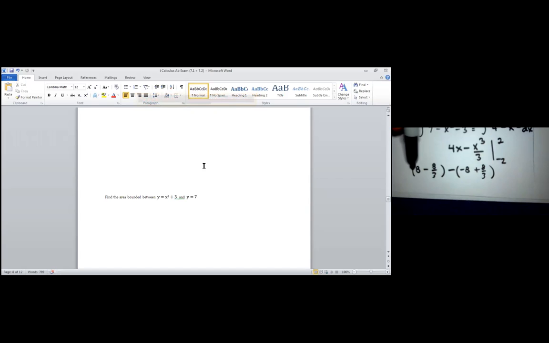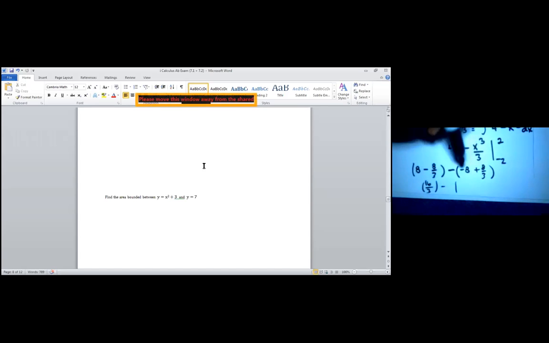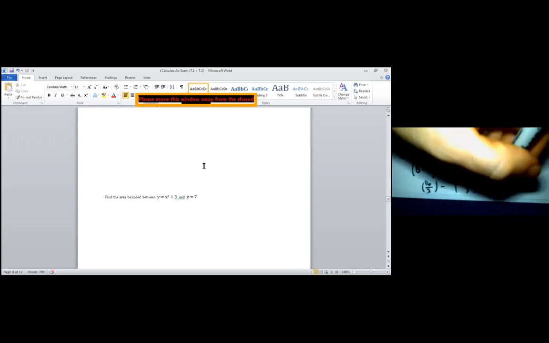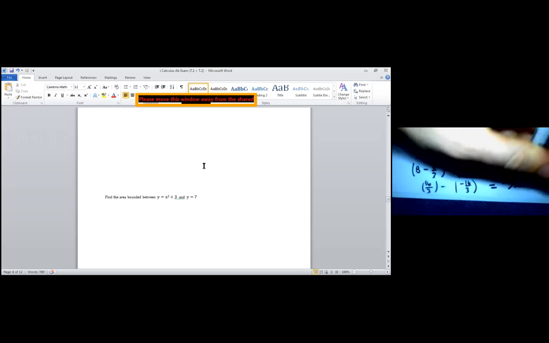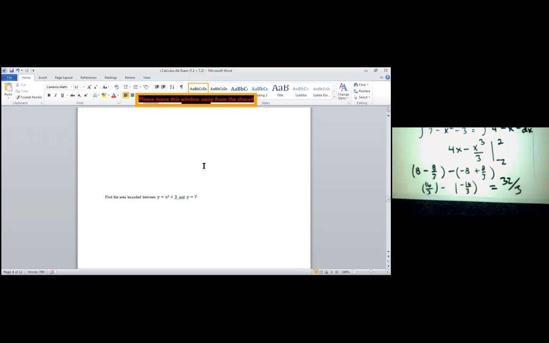So this would be 24/3 minus that. So I've got 16/3 minus, same deal over here, this would be minus 16/3. I'm coming up with 32/3 as a final answer. Any questions, guys, on area bounded?